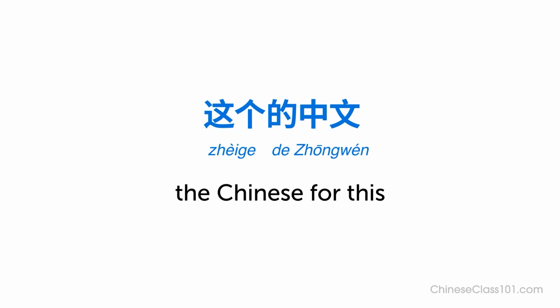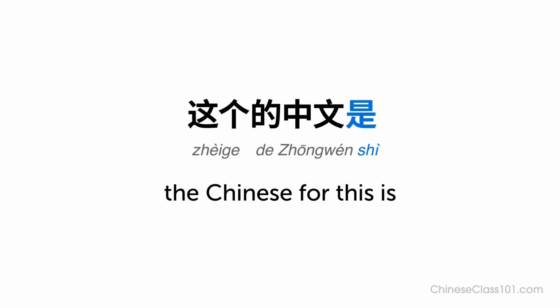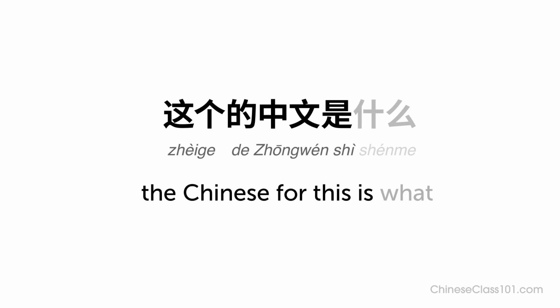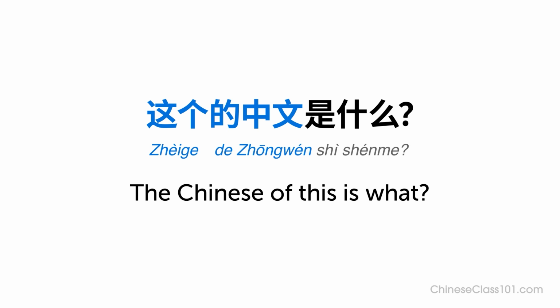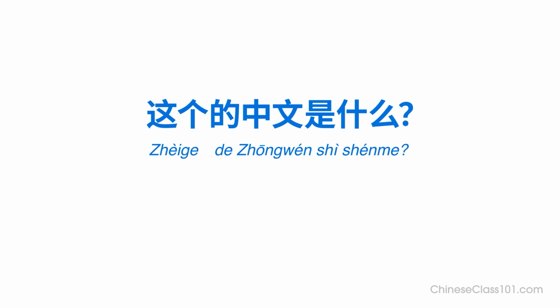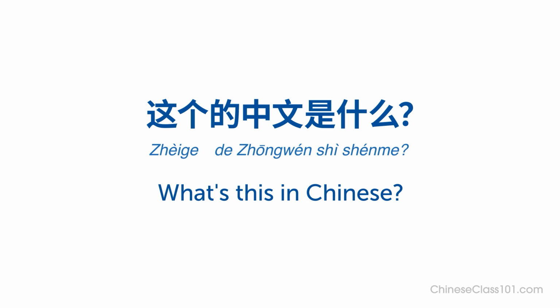Next is 是, here, think of it like the is, as in the Chinese for this is. Last is 什么, what. Altogether, 这个的中文是什么, literally, the Chinese of this is what. But it translates as, what's this in Chinese?